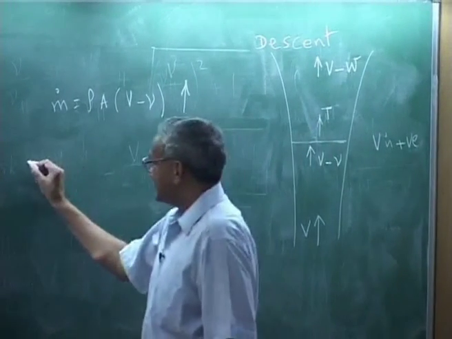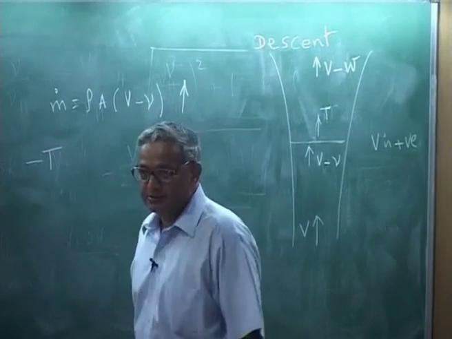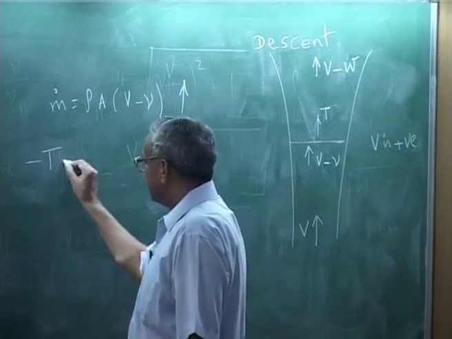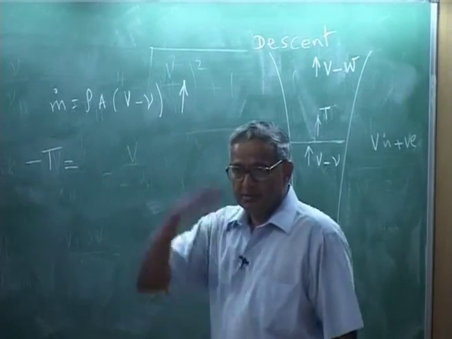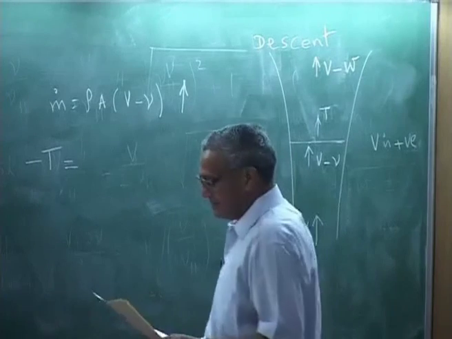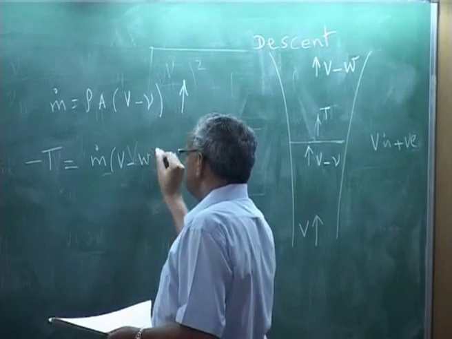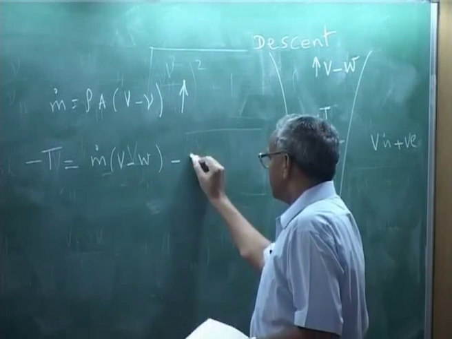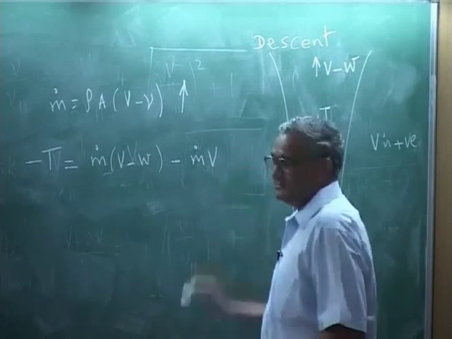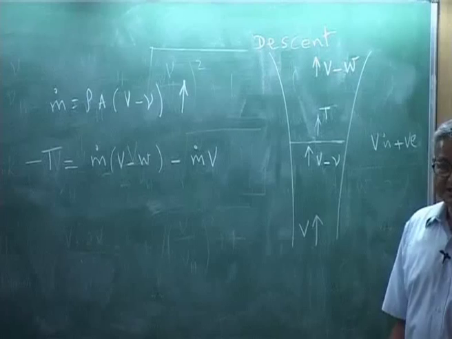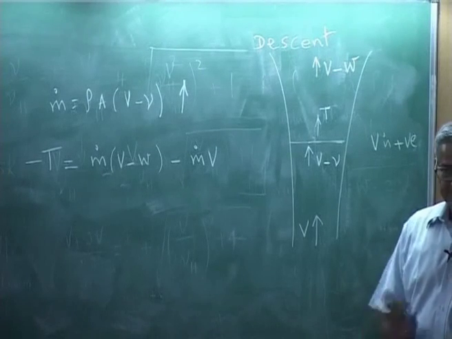So, my thrust acting on the fluid is minus T, equal to change in momentum, final minus initial: m dot (V minus W) minus m dot V. Is it clear?